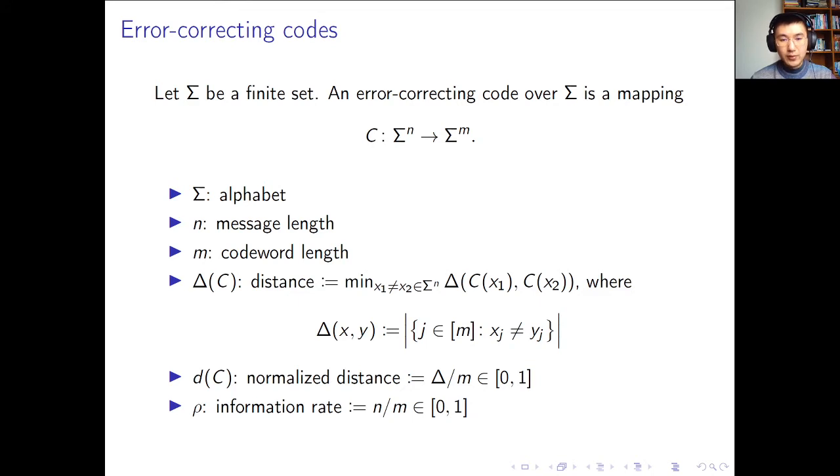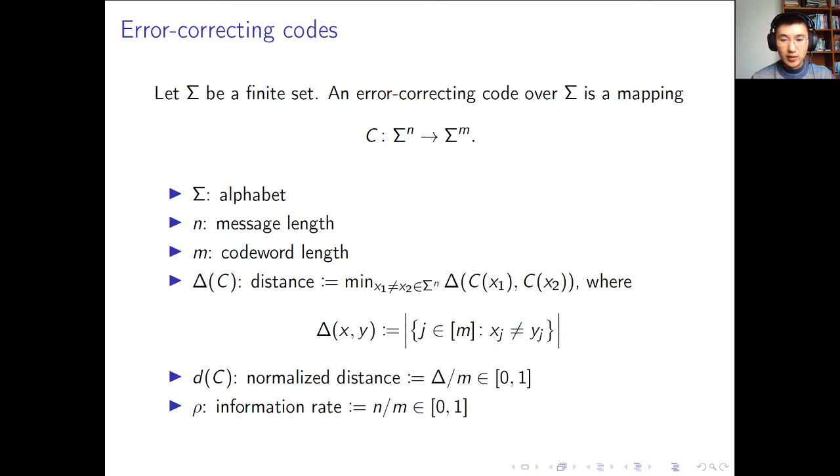More often we're going to use the normalized distance denoted by d of C, and it's just going to be delta over m. So it will be a number between 0 and 1. And rho, the information rate, is defined as the message length over the codeword length.